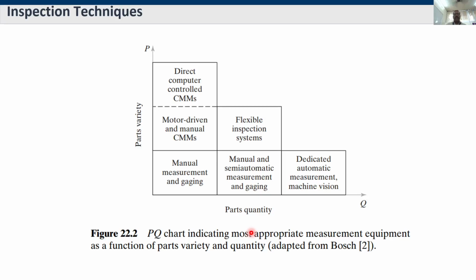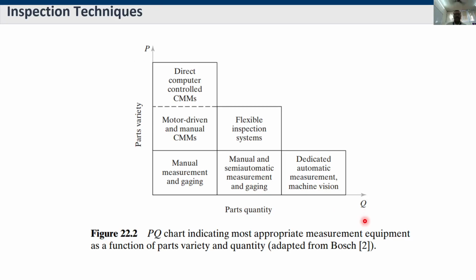If you have coordinate metrology, you can say it's a CMM or related technology. Conventional metrology, in the sense micrometer, linear vernier scale, or vernier height gauges, comes under conventional metrology. So this chart is drawn between P and Q. P represents part variety, Q represents part quantity. So it's drawn between variety versus quantity.